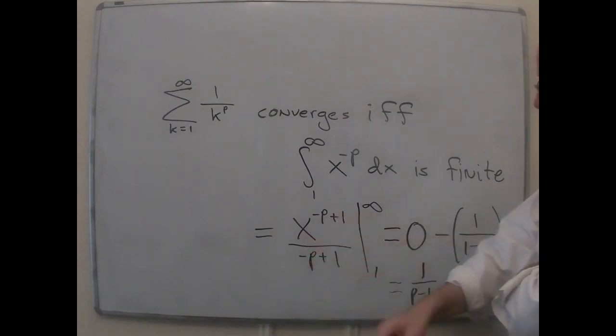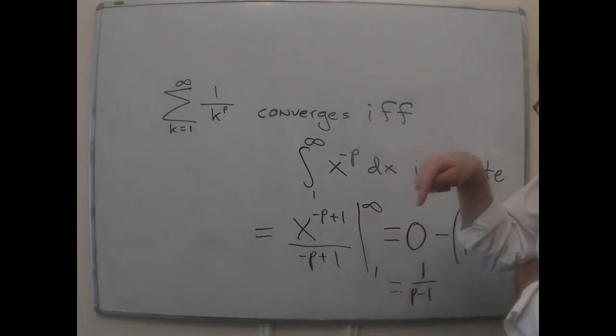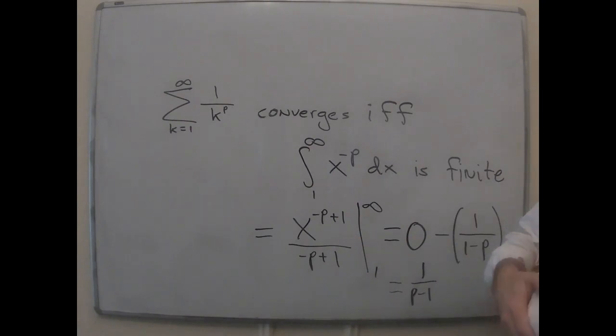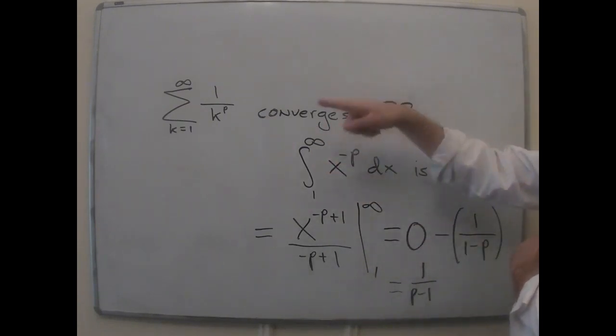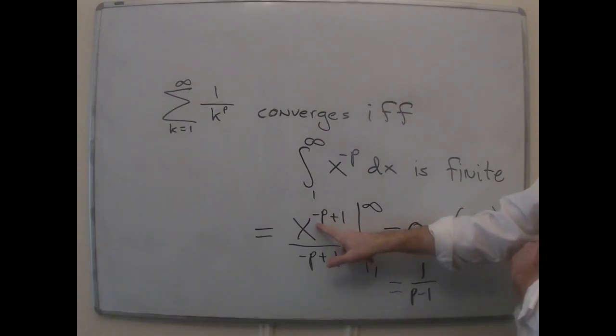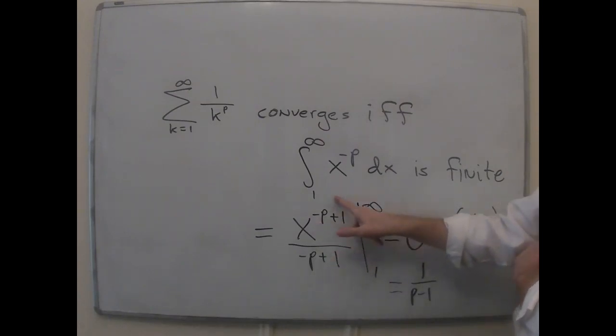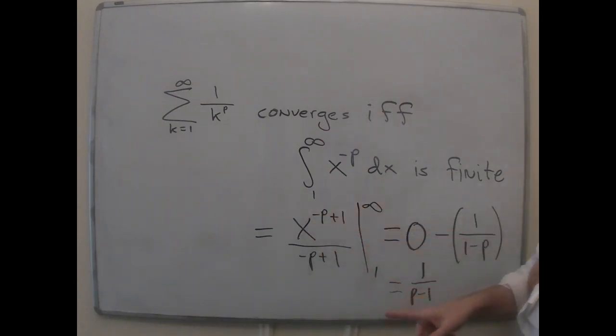So x is some giant negative power, that's like 1 over x to a positive power, and that's going to approach 0 when x is infinite. But in the other circumstance, where p is less than 1, we would end up with a positive exponent on x. And instead of having 0 at the upper limit when x is infinite, we'd actually have infinity right there.